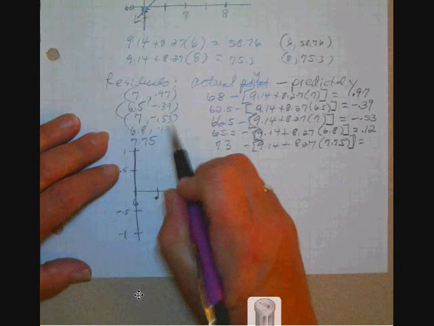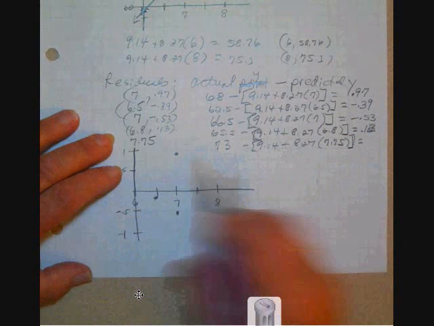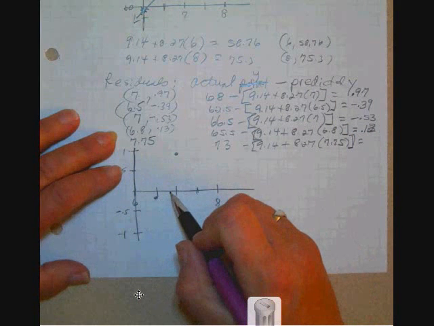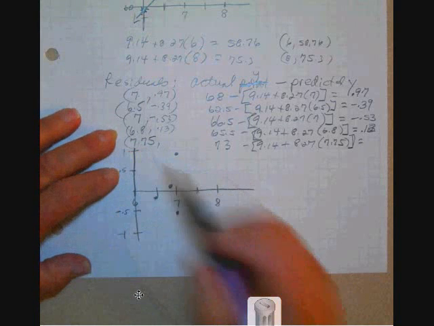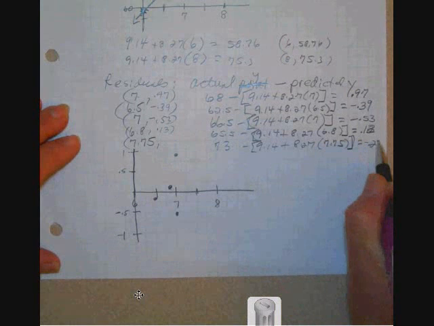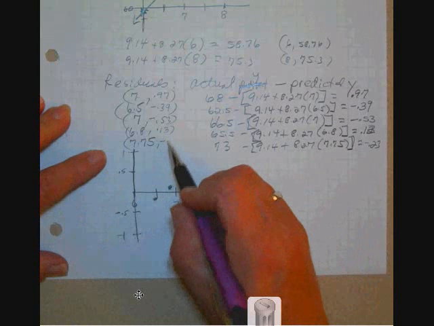Actually, you told me 0.13, didn't you? So that's at 6.8 and positive 0.13, about right there. What's the last one? Negative 0.23. So that's at 7.75.